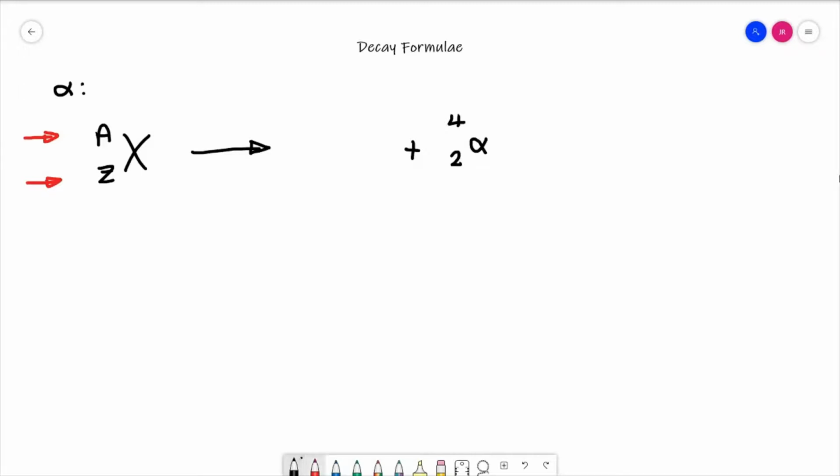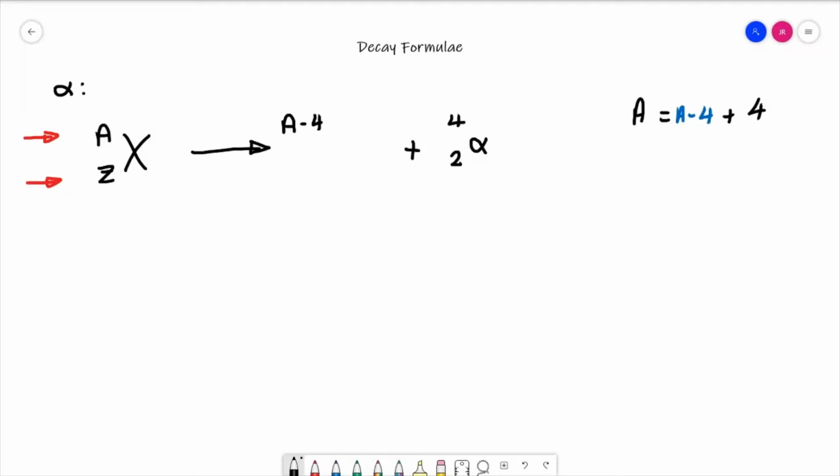Therefore, on the top line, we're starting to build an equation. A is equal to something plus 4. Now, in order to make this equation mathematically look correct, we've got to insert into there A minus 4. Our nucleus has therefore lost 4 nucleons, and the new nucleus will have A minus 4 nucleons remaining.